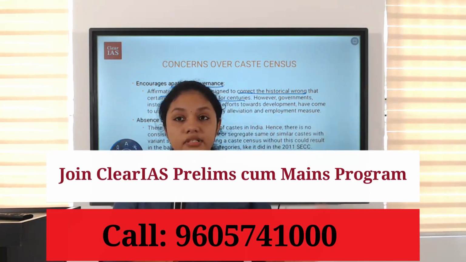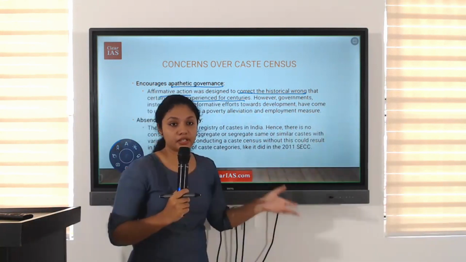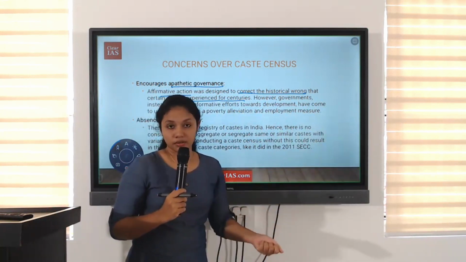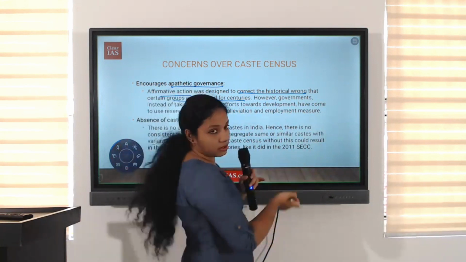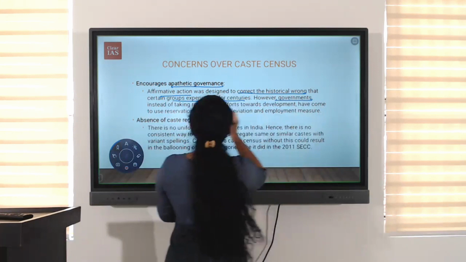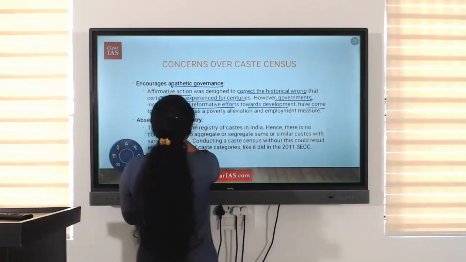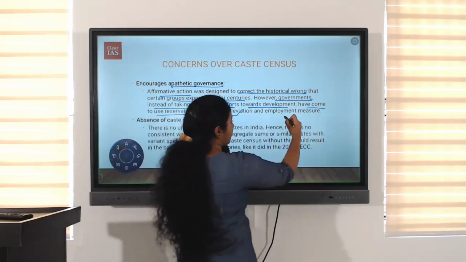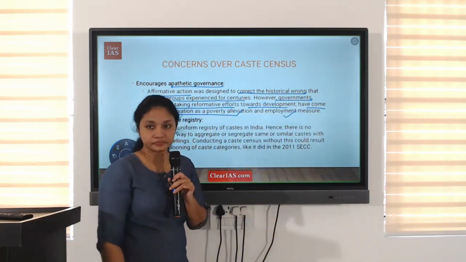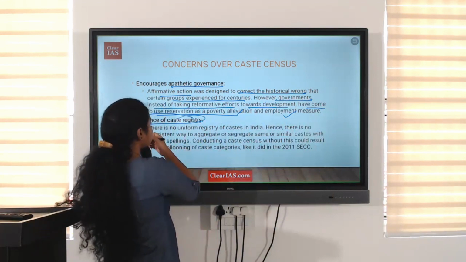Because the lower caste was discriminated against and was not able to access any of the common goods. So this is historical wrong, or historical injustice. However, governments, instead of taking reformative efforts towards development, have come to use reservation as a poverty alleviation and employment measure. Clear?